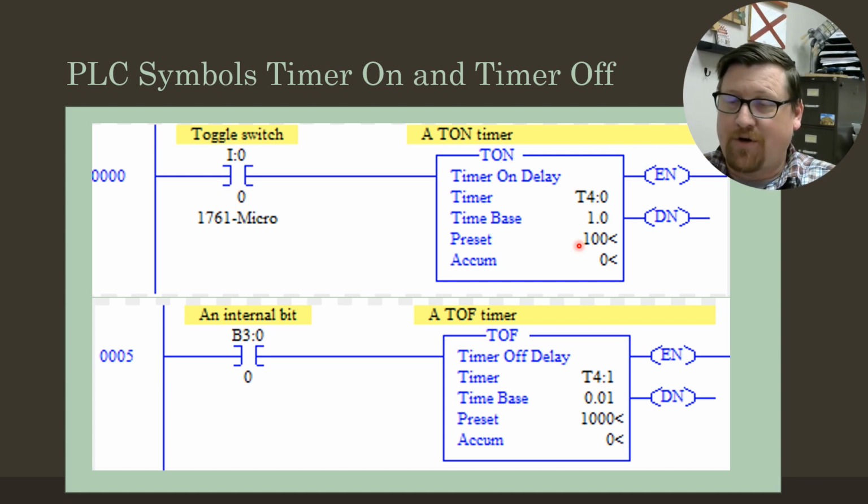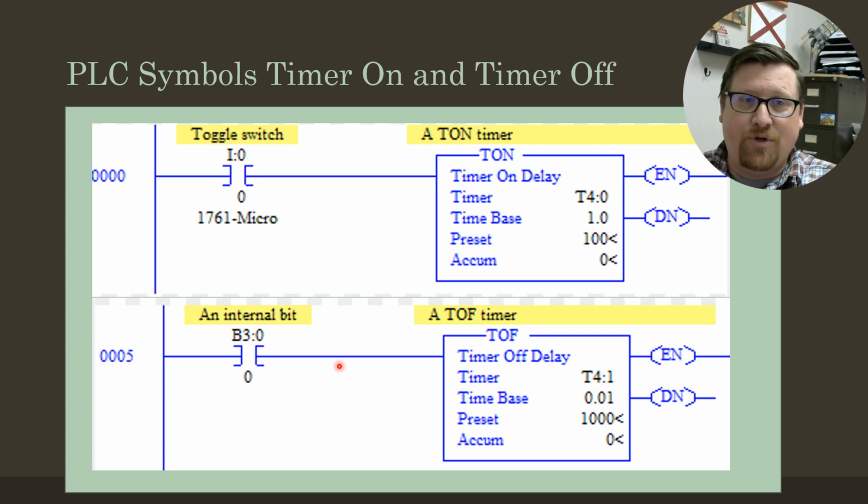When we talk about bits, we had those bit addresses that were B3, right? Those are bits. It's a piece of information. The reason we call the B3s bits is because it's just a piece of information in the program. The same way with the timer, it's just a piece of information in the program, and it has 3 different ones that we can use.